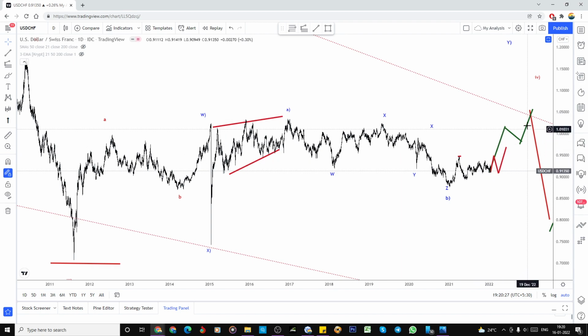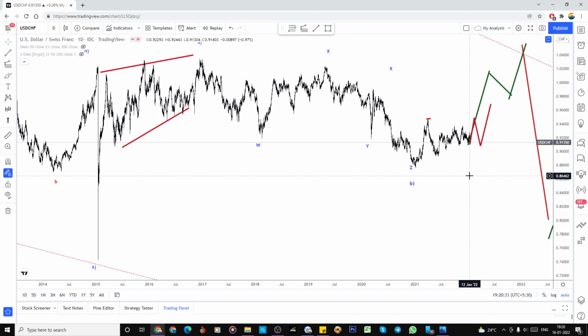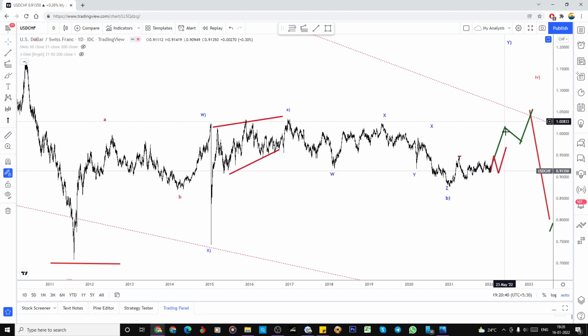So that is why I'm explaining here, and I'm expecting that we are in the C wave, but the C wave may be a diagonal triangle, or it could be overlapping in a wedge formation. So this is my view, but I'm not thinking this could be the end of the trend. This could be the end of that fourth wave, and we are on the downtrend. I'm not thinking so.